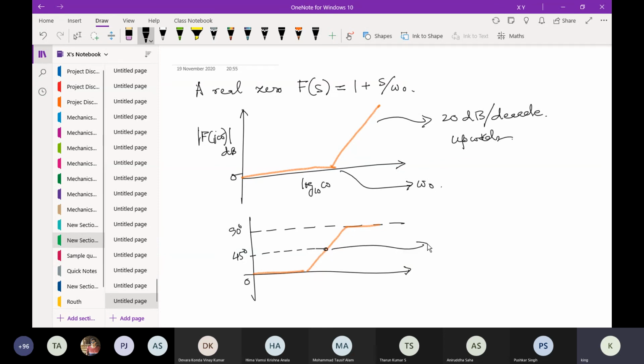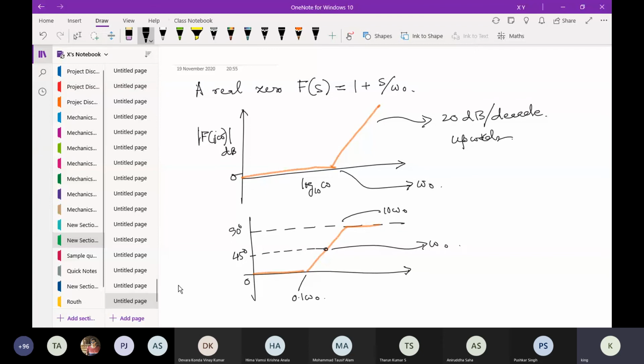So this will correspond to your omega 0. These are approximations, remember. This is the low end part, this is the high frequency end part of the plot.